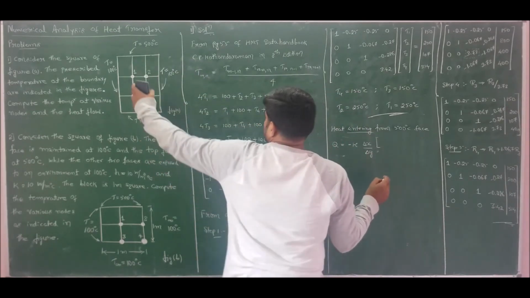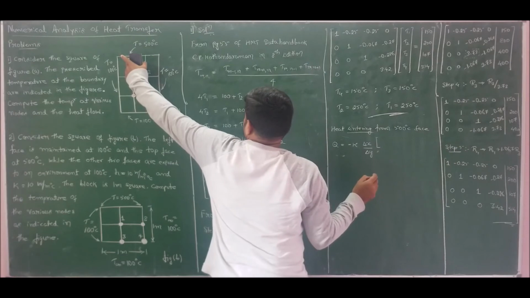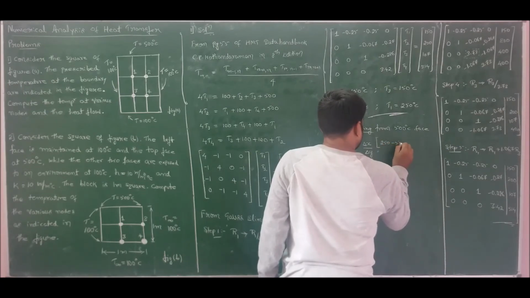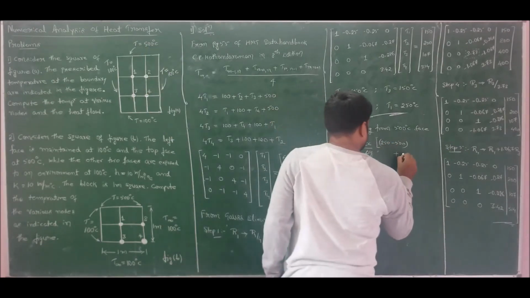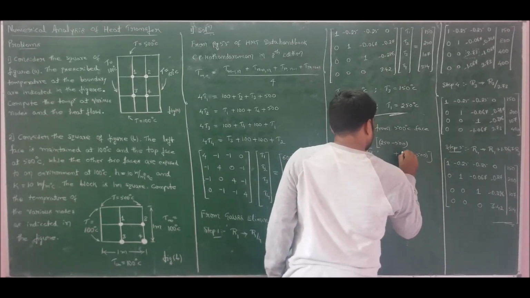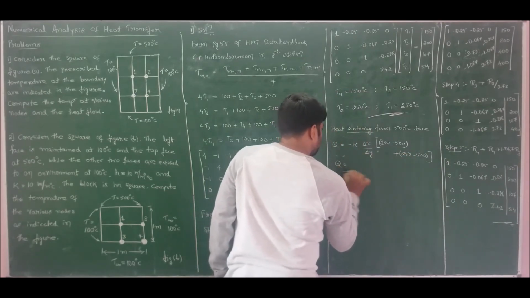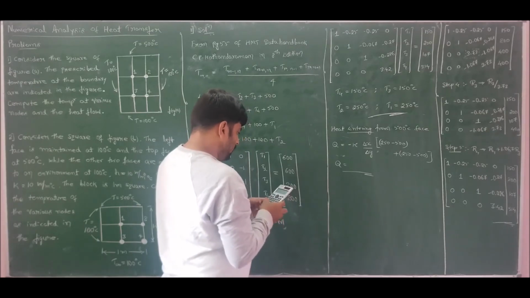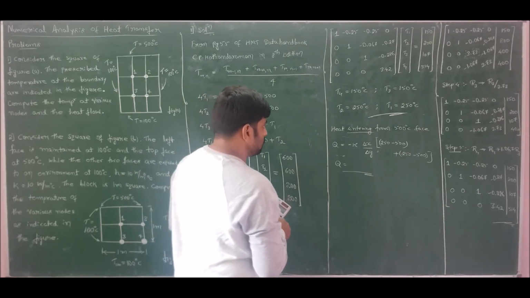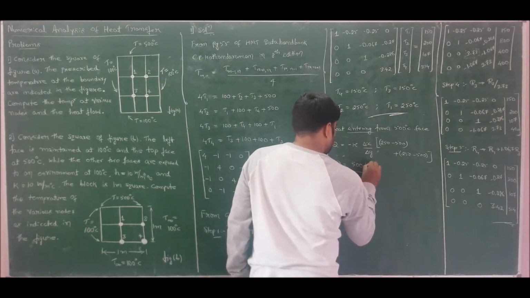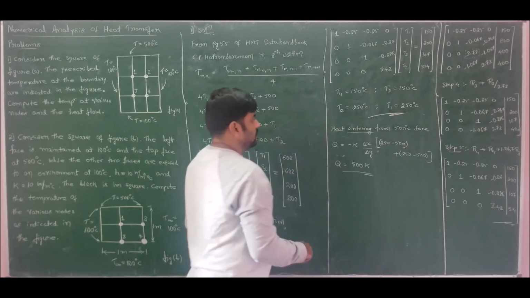The temperature difference will be T1 minus 500, so T1 is 250 minus 500, plus T2 minus 500, T2 is also 250 minus 500. So therefore heat entering will be 250 minus 500 is minus 250, minus 250 plus minus 250 is minus 500. Minus of minus is plus. So therefore it is 500 times the thermal conductivity.